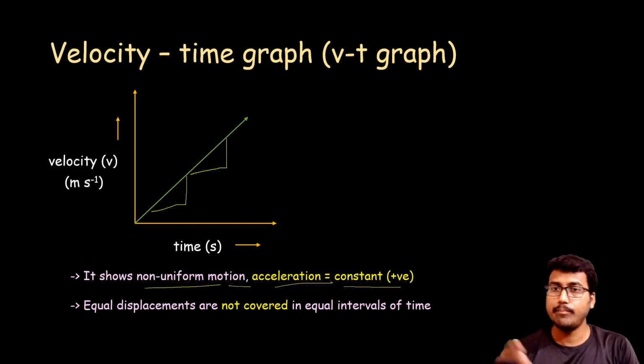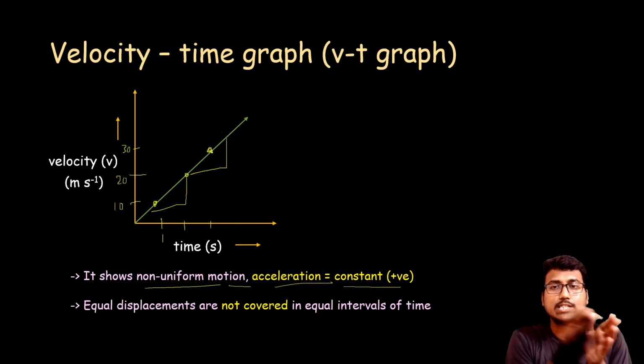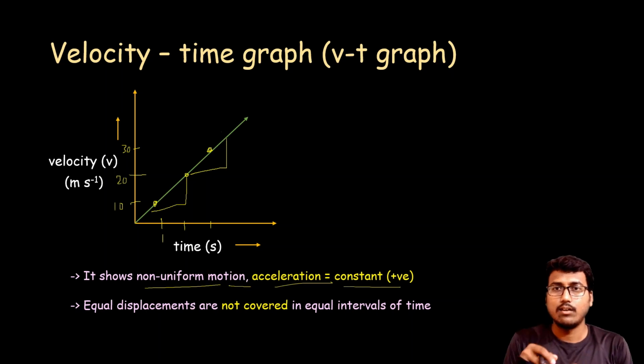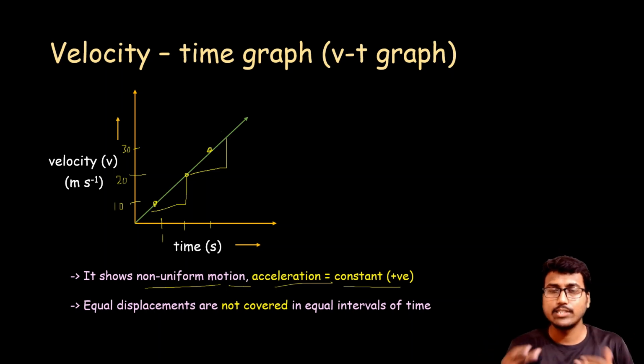Acceleration is the same means, for example, we'll go for this only. For first second, it is having 10 meter per second. For second second, it has 20. Then third, 30. So it is increasing, right? Whenever, with respect to time, the speed is increasing, automatically the displacements covered will also increase, which is not the same.